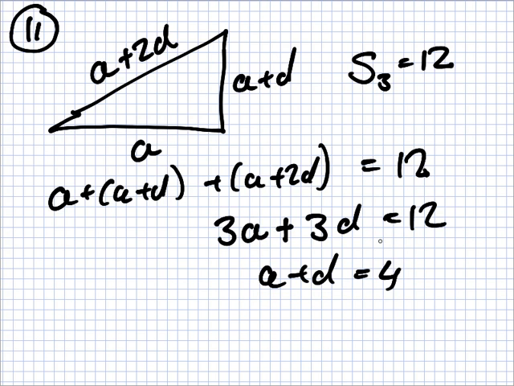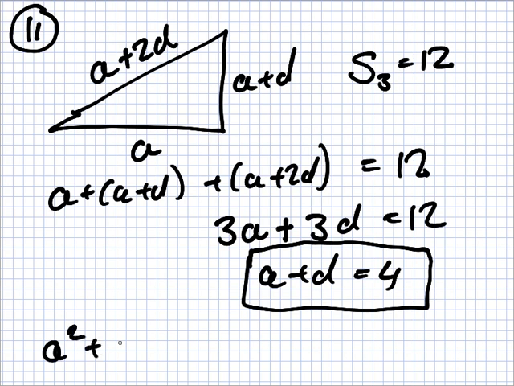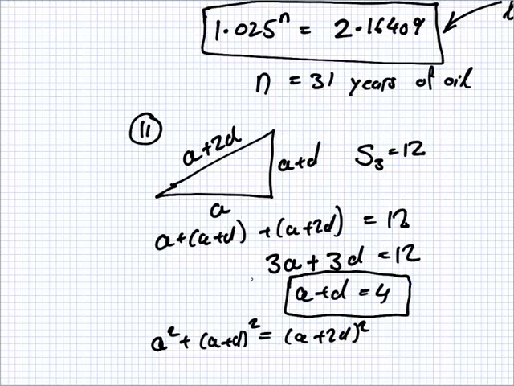Right, well the problem here obviously is I need to make a second equation with a and d. What other equation could I form? The Pythagoras one, yeah. Because I can say a squared plus a plus d squared should equal a plus 2d squared. So let's see what we get here.